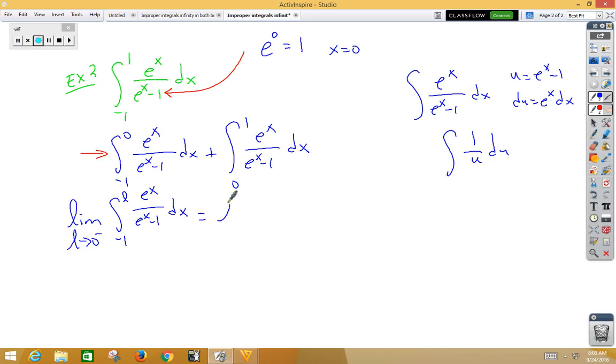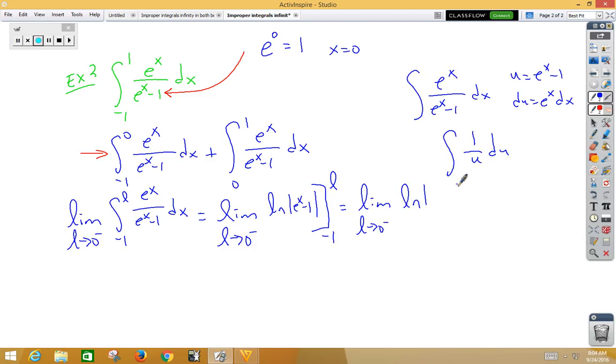So we now have the limit as L approaches 0 from the left side of the natural log of the absolute value of e to the x minus 1 from -1 to L. So now we've got the limit as L approaches 0 from the left side of the natural log of the absolute value of e to the L minus 1 minus the natural log of the absolute value of e to the -1 minus 1.